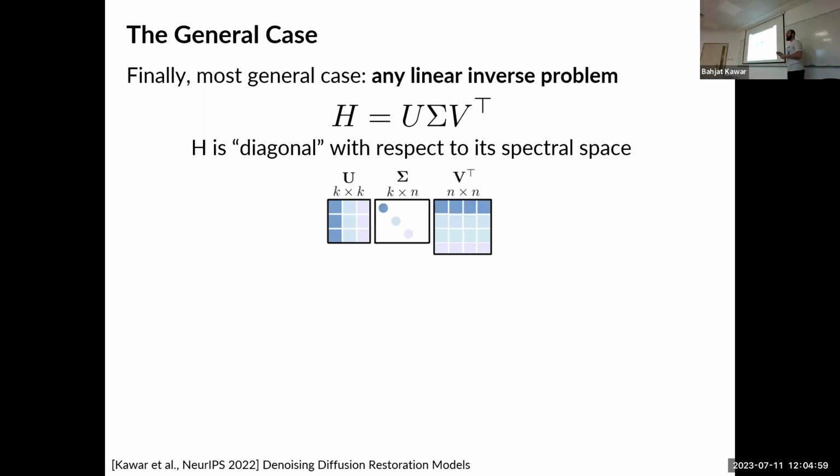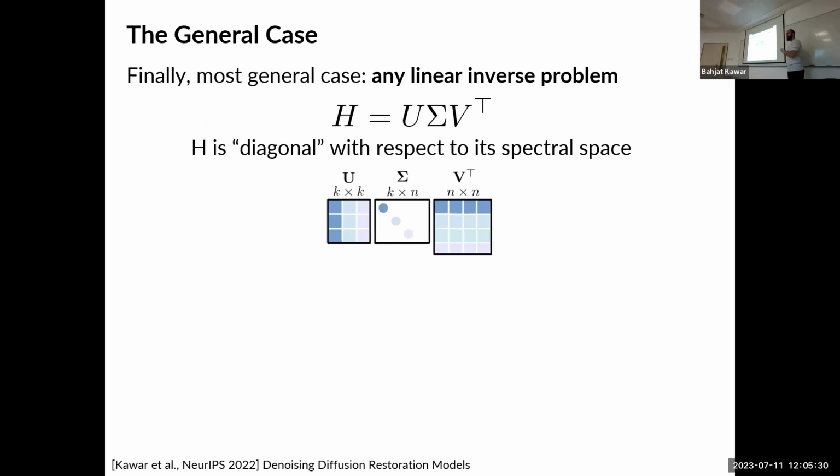What I mean by diagonal is that every pixel or entry in both the observation and the image only relates to a single entry in the other part. So every entry in Y only depends on a single entry in X. This allows us to formulate the math much more easily. We don't have to formulate each pixel in the observation as a function of all the pixels in the image. We're going to see some math on that, but that's the basic idea.